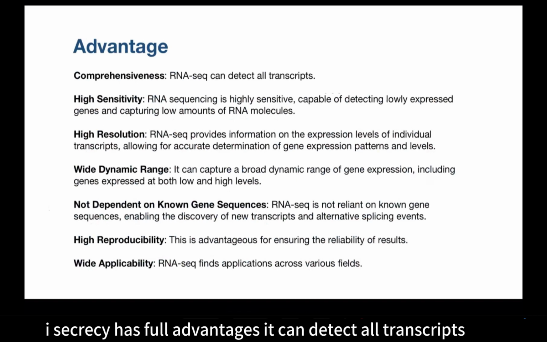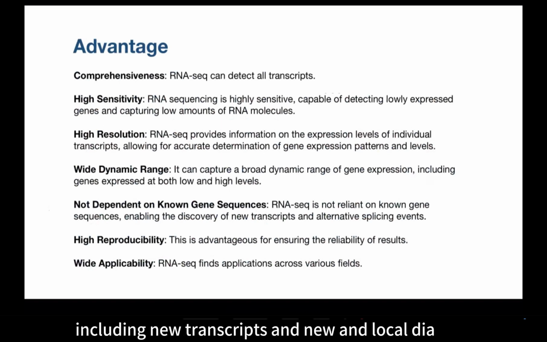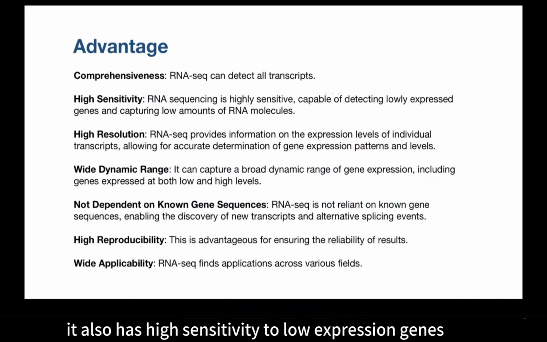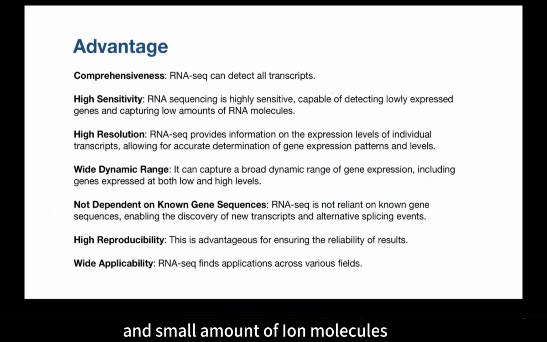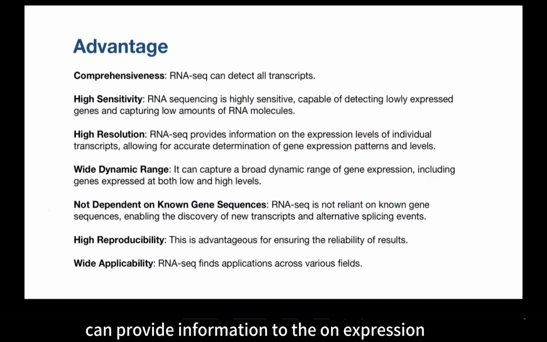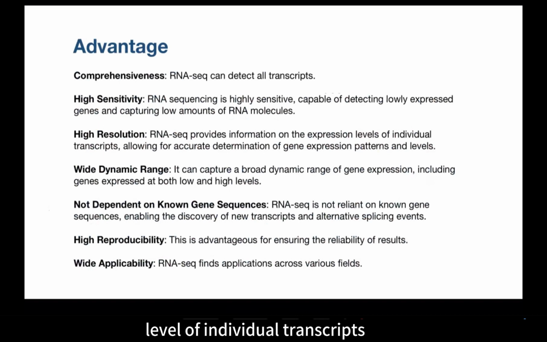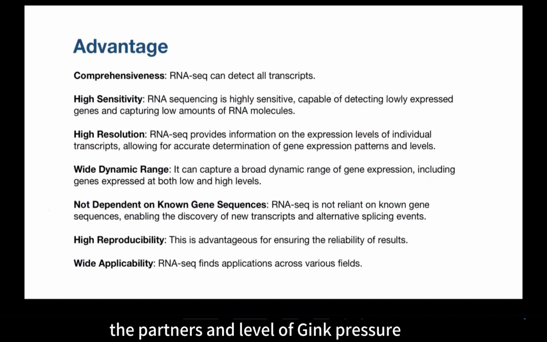RNA sequencing has the following advantages. It can detect all transcripts, including new transcripts and non-coding RNA. It also has high sensitivity to low expression genes and small amounts of RNA molecules. High resolution can provide information on the expression level of individual transcripts and accurately determine the partners and level of gene expression.